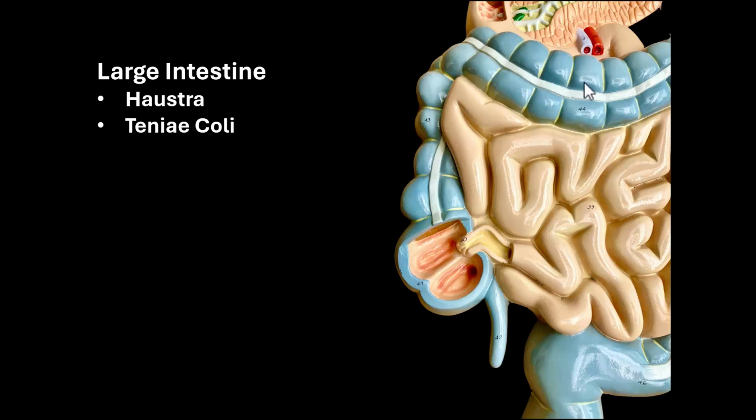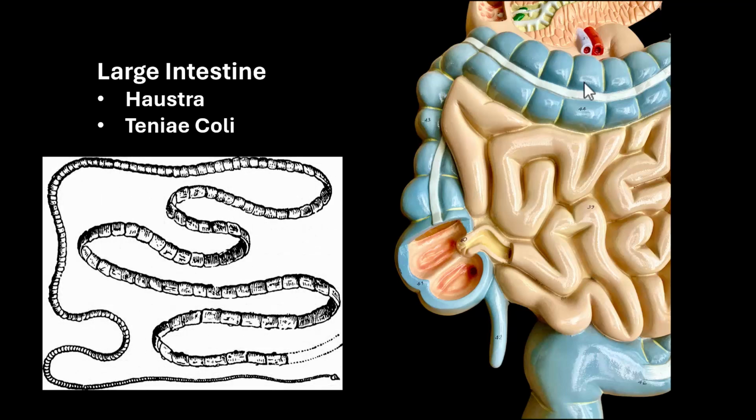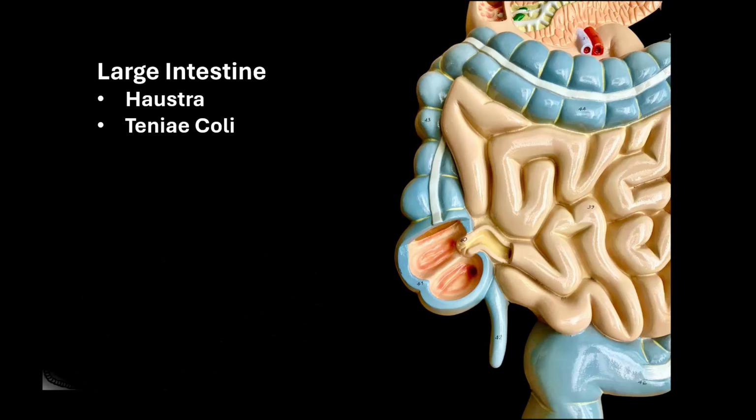Now, if you take microbiology, you might learn about a certain type of worm whose genus is tinea. So you can probably guess what kind of worm that is if tinea means tape. Yes, tapeworm. So again, just remember, tinea is tape. So tinea coli, a tape that goes along the colon. Once again, the cecum and the ileocecal valve.